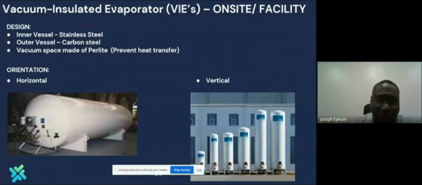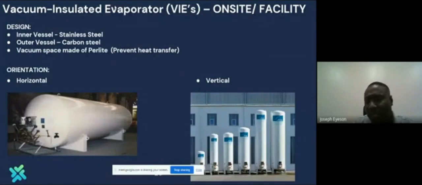It could be horizontal or vertical, as you can see, but they all function the same. The design of these VIE tanks has both an inner vessel and an outer vessel. The inner vessel is made from stainless steel. The outer vessel is made from carbon steel. And in between the two, there is a vacuum space, which is filled with perlite.